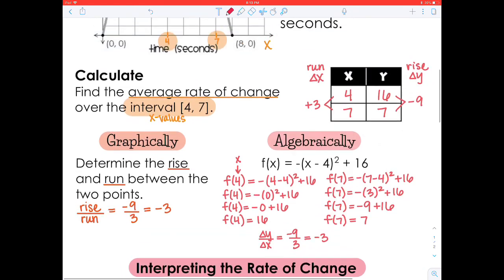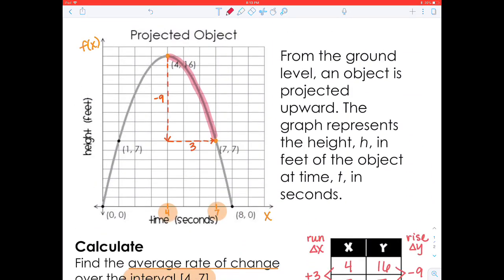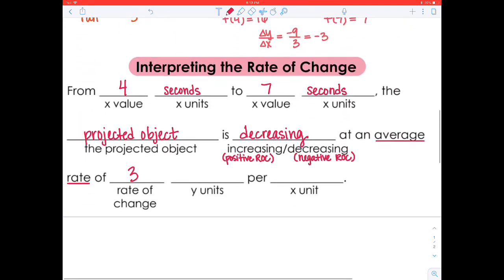What's our y units? 3 feet, because that's what's happening. Over time, we're either increasing in height or decreasing in height. So 3 feet per second, right? That's our x unit.